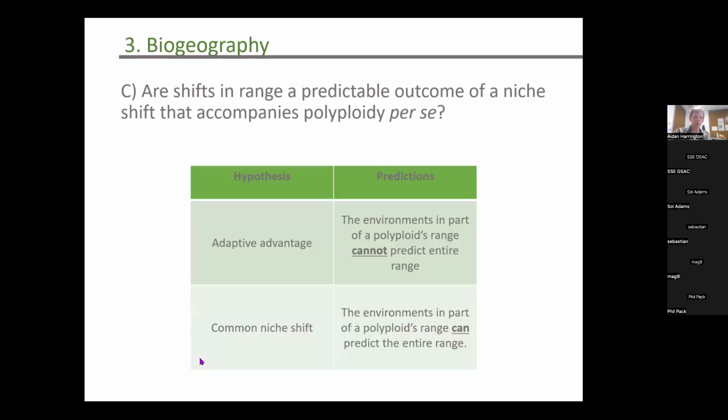So in terms of our hypotheses, if polyploids have some sort of adaptive advantage, then we would expect that environments in part of a polyploid's range cannot predict the entire range of that species, because it has been able to adapt to a diverse set of environments. Whereas if this common niche shift hypothesis is true, we would expect that environments in part of a polyploid's range can successfully predict the entire range.